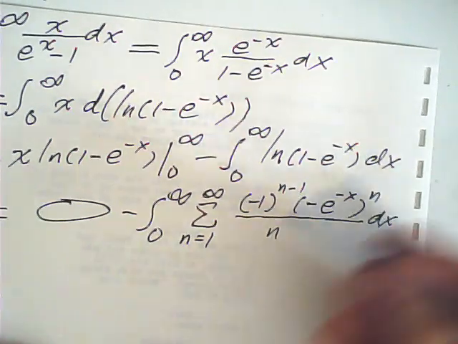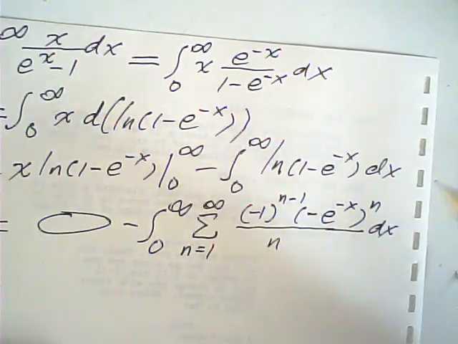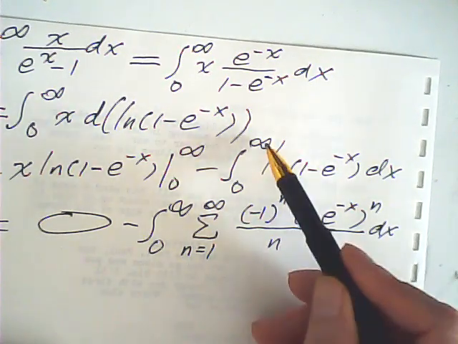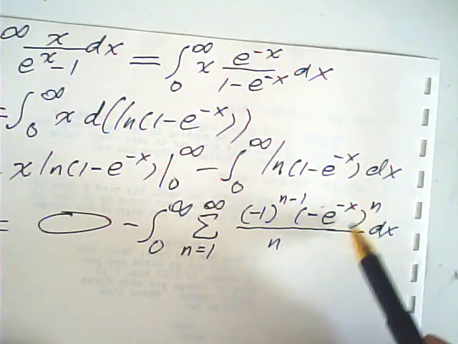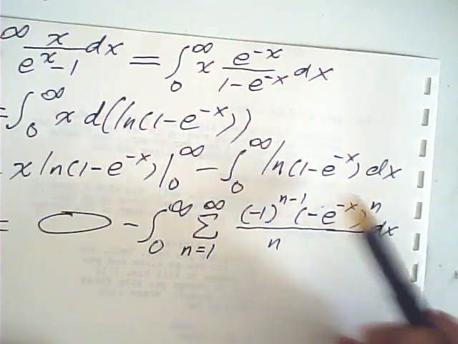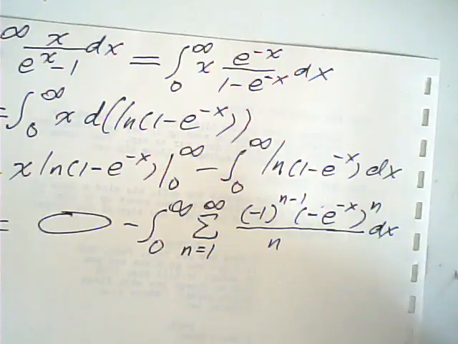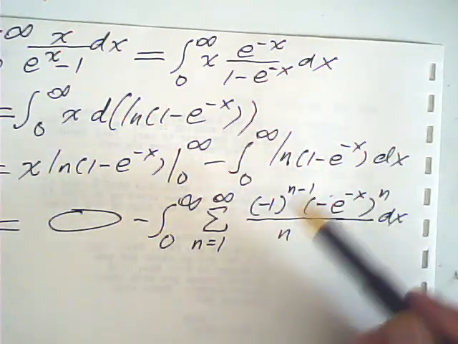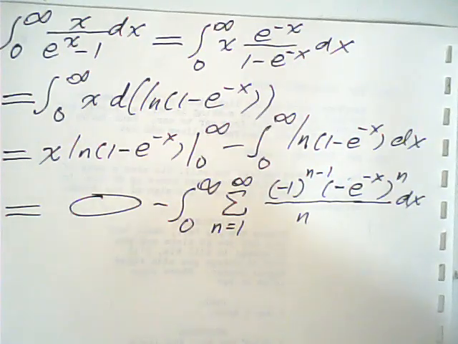Well, simply the Maclaurin series, right? Since x is between 0 and infinity, therefore e to the negative x is between 0 and 1. So that Maclaurin expansion is valid.